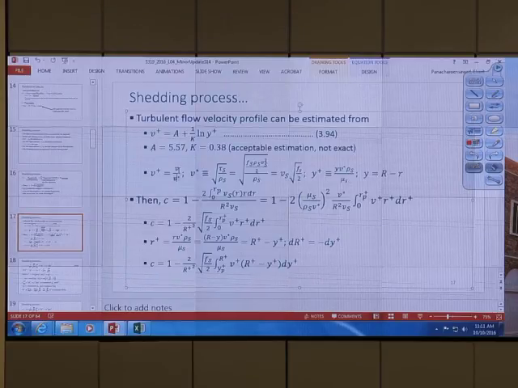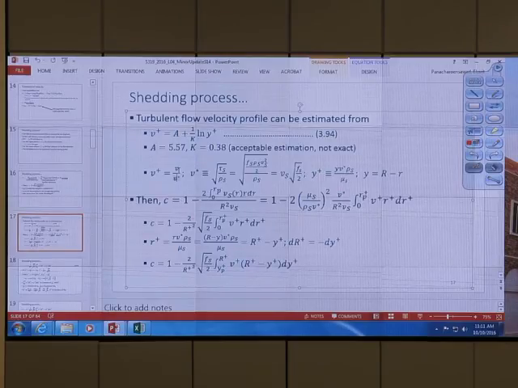And maximum velocity is twice the average velocity, right? So you get maximum velocity automatically. Good? If you don't like this idea, you can come up with your own average velocity. Then you can calculate pressure drop for the case of laminar flow, steady state, right?